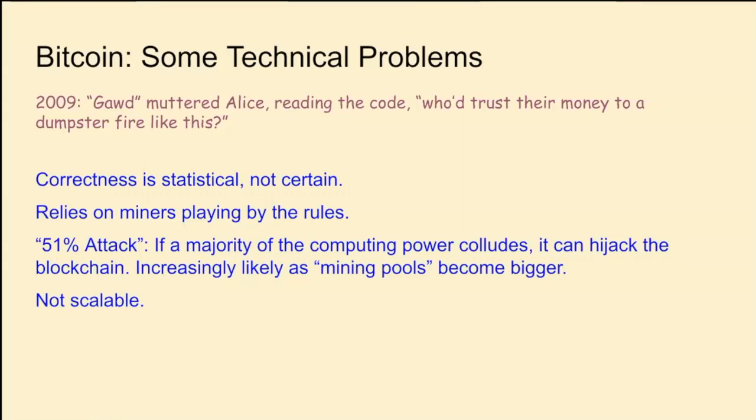But that argument really only works if the attacker doesn't have enough computing power to build new blocks quickly, change the blocks in the chain, and eventually catch up to the people who are adding blocks to the chain.